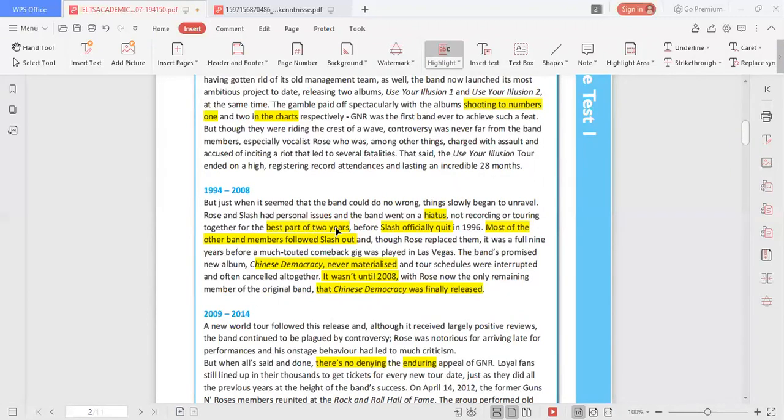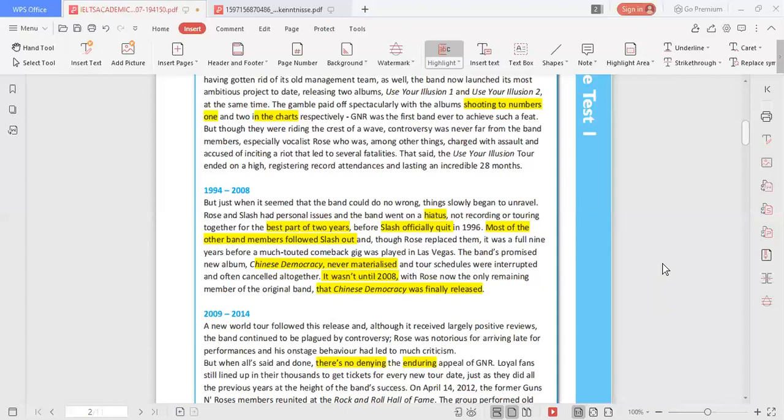Okay, so they were not recording or touring for the best part of 2 years, and that is the long break. 2 years is actually a long break for a band. Because musicians try to bring out albums every year and so on, so for a band to not have recorded anything for 2 years, that is actually a long break. So that's the first keyword we find.